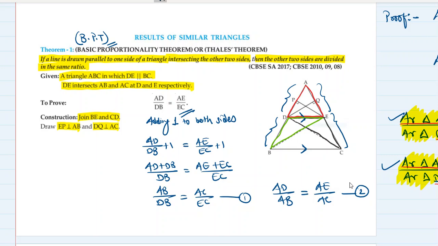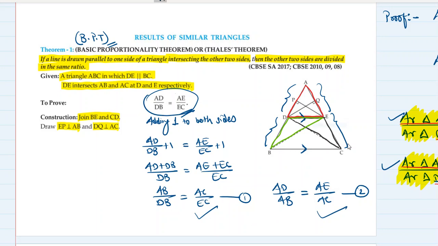But yeah, if you are able to prove the main theorem, that is this one, then the first and the second you can say supplementary result based on basic proportionality theorem, then you are good to solve any of the given question. In some of the question, they also talk about the relationship between DE and BC.